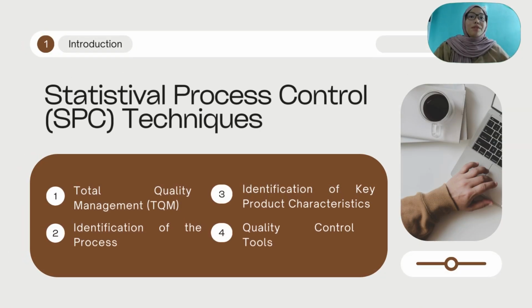The company proposes to use the statistical process control (SPC) technique as a method to reduce the defective ratio of their cement bags. There will be 4 specific steps outlined for implementing SPC: a strategy under Total Quality Management (TQM), identification of the process, identification of key product characteristics, and the SPC tools that are used in this case study.